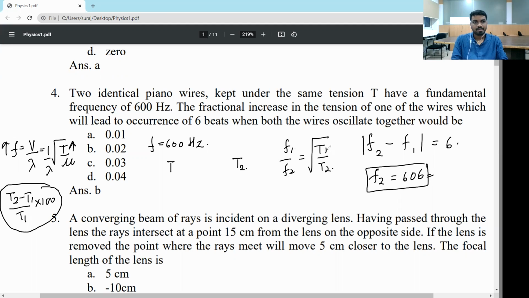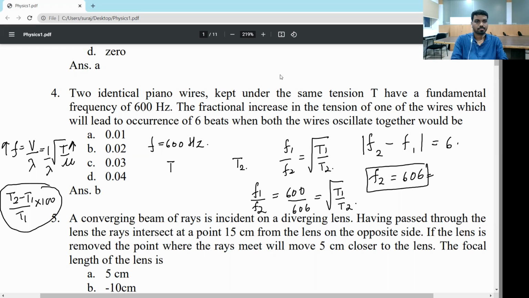F1 is 600, so 600 by 606 equals root over T1 by T2.